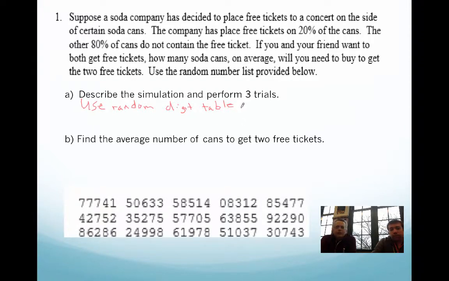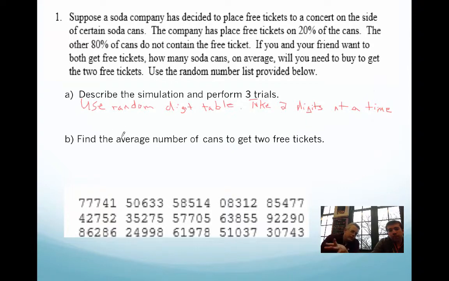So we can get away with one, but use the random digit table and take 2 digits at a time.